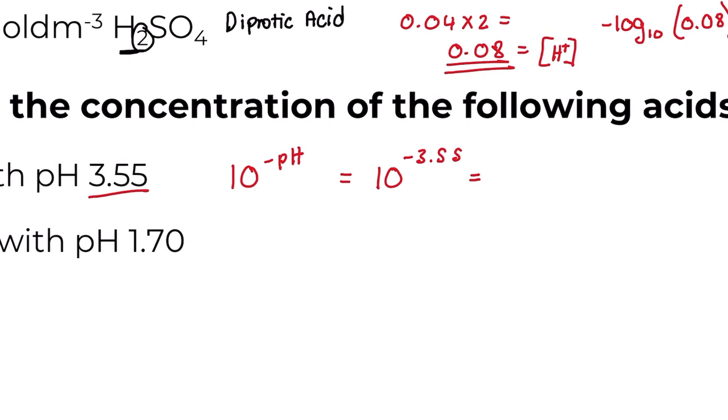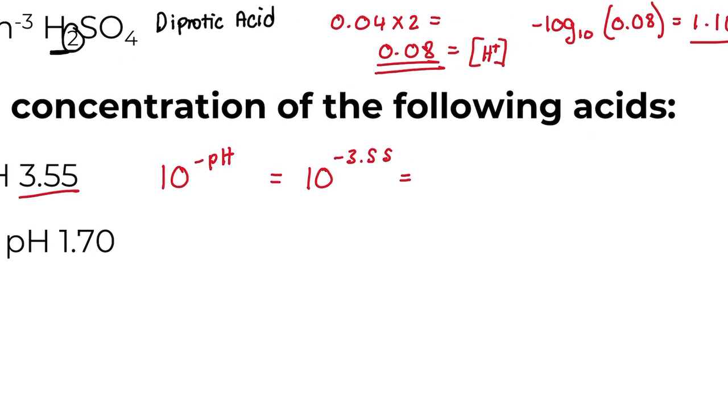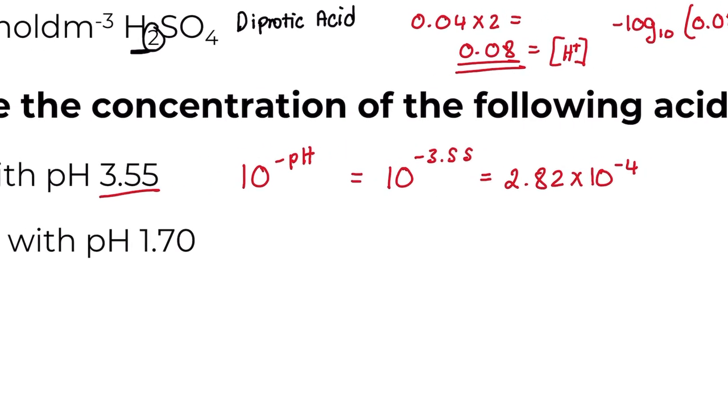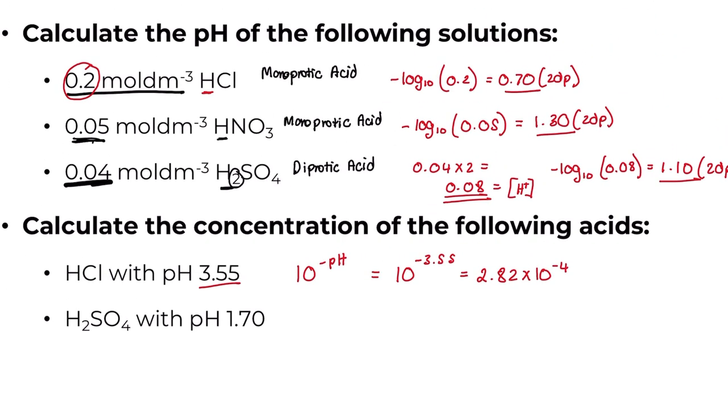10 to the power of minus 3.55. And that's going to give you an answer of 2.82 times 10 to the power of negative 4. Okay, now this is the concentration of the hydrogen ions.